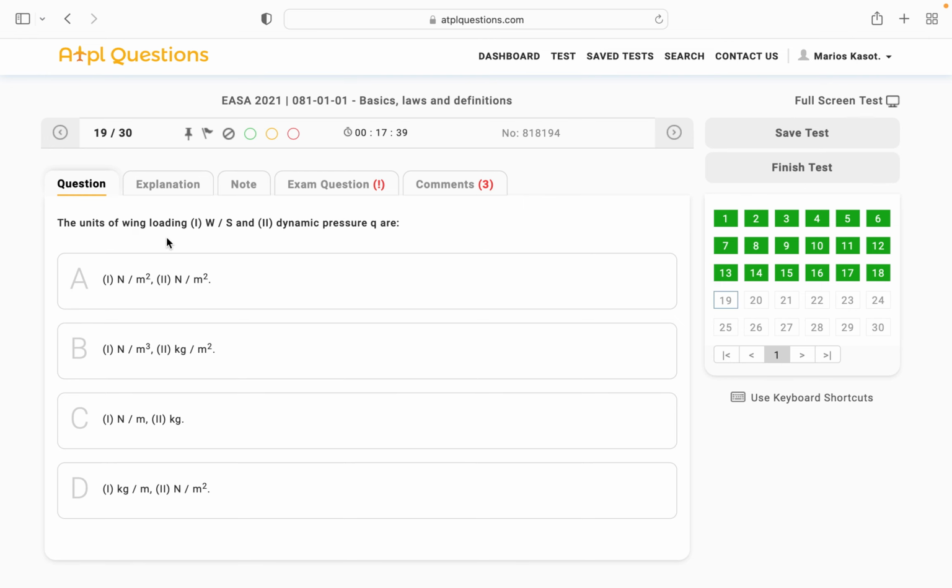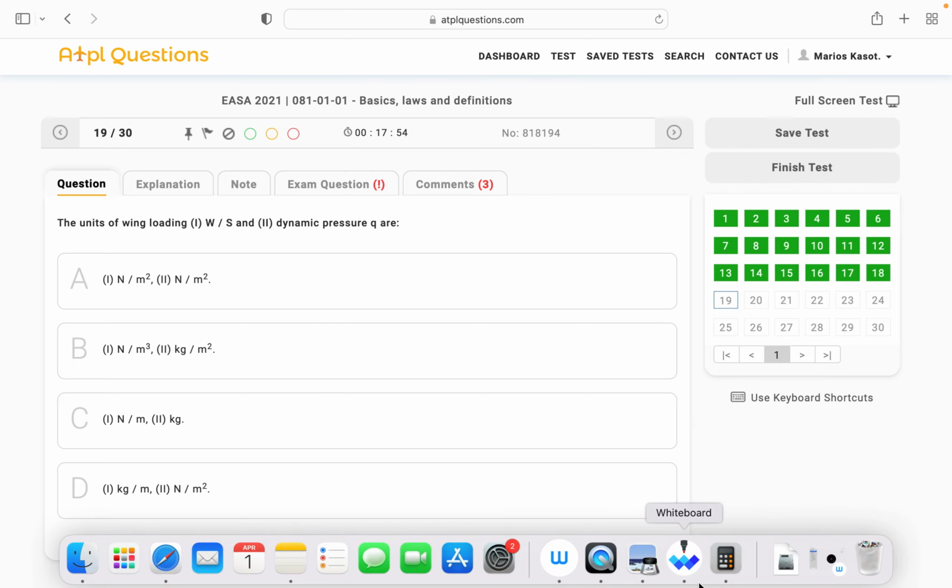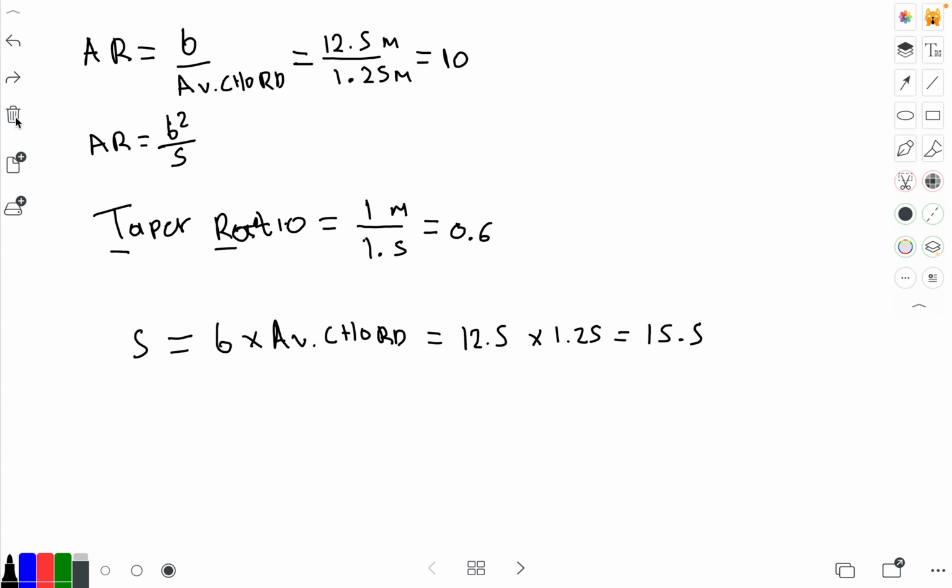The units of wing loading, weight divided by area, and dynamic pressure Q. Before we see the answers and get confused, let's do it by ourselves.